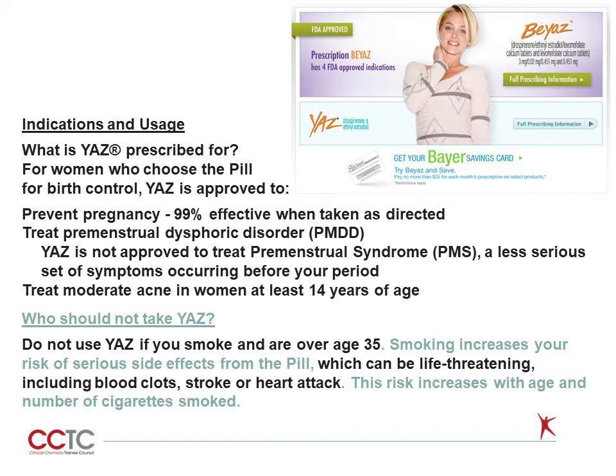Smoking increases your risk of serious side effects from the pill, statement of fact. But the next segment that's in blue, this risk increases with age and number of cigarettes smoked. So overall, we know that smoking increases the risk of side effects.